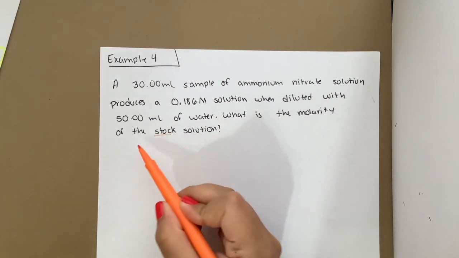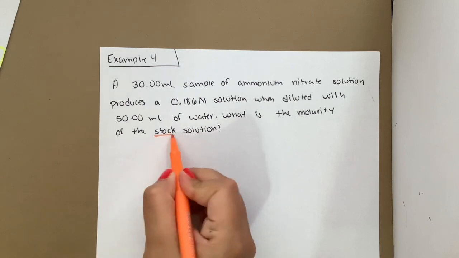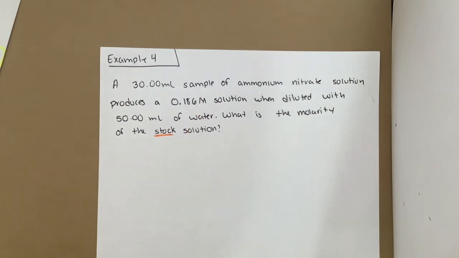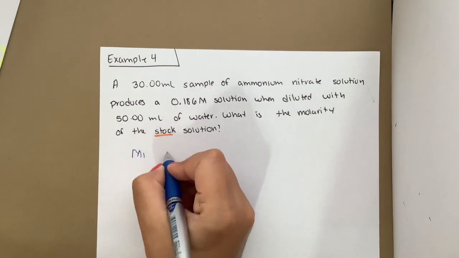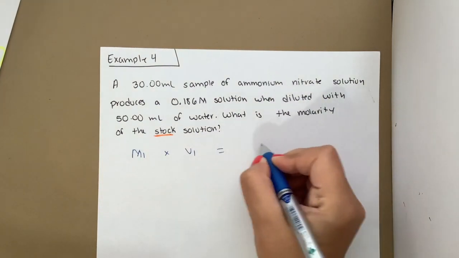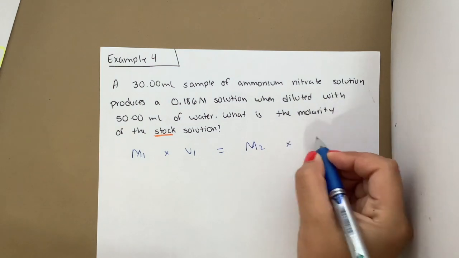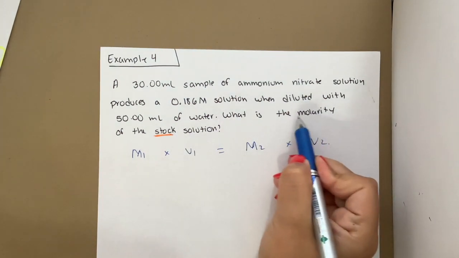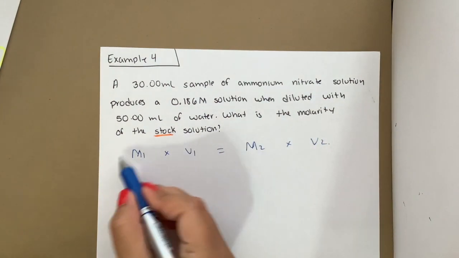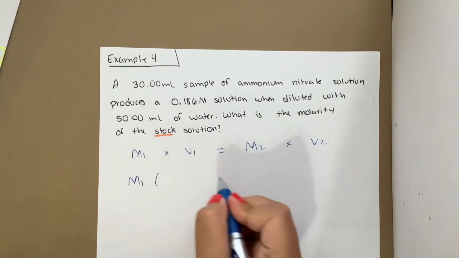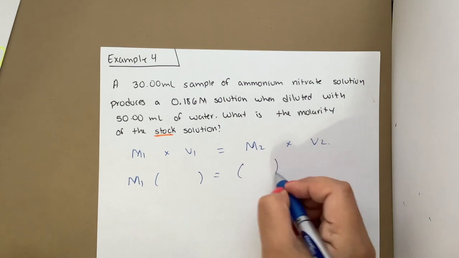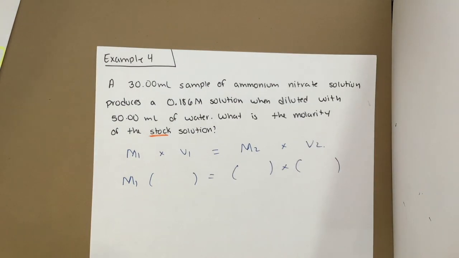This word stock means our original. So again, I'm going to write M1 times V1 equals M2 times V2. What is the molarity of the stock solution? That means they're going to be asking us for M1. Now we need to find out the rest, which has to be given to us.